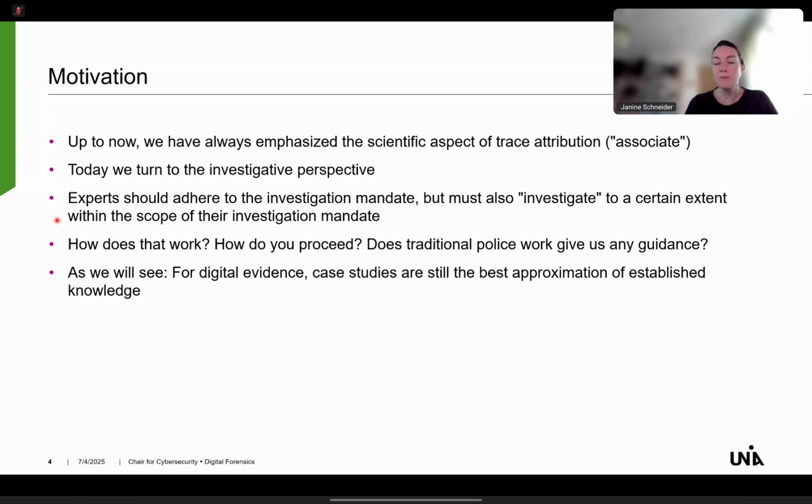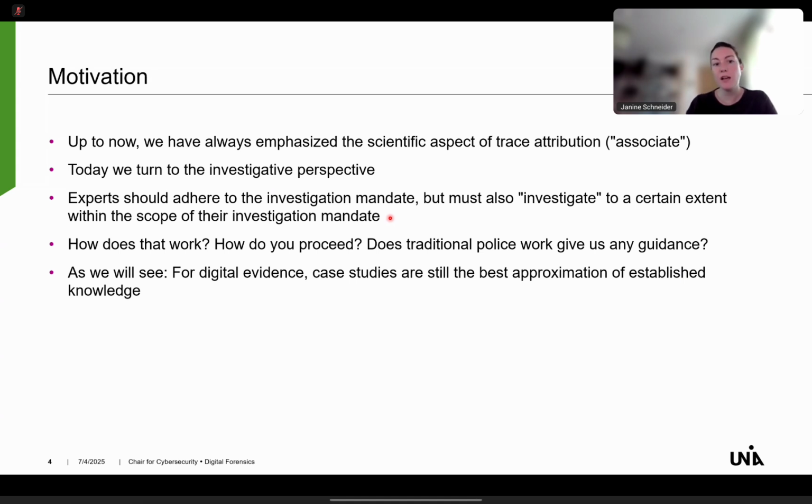So experts should adhere to the investigation mandate, but must also investigate to a certain extent within the scope of the investigation mandate. What is meant by that? It tells us that we should only investigate what the investigative order asks of us.